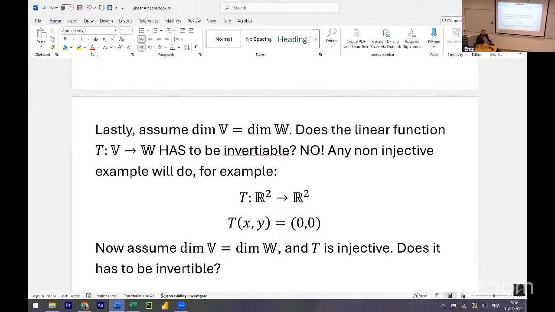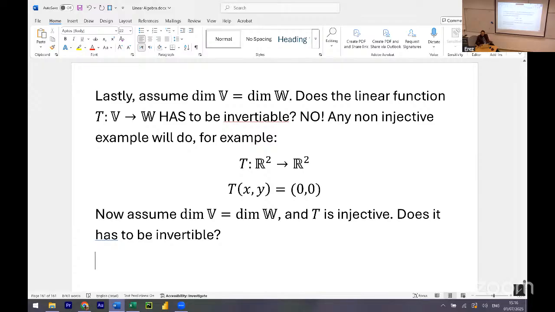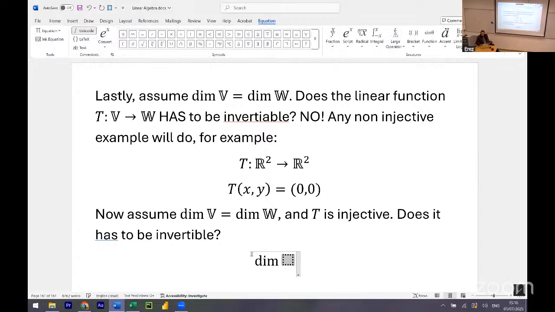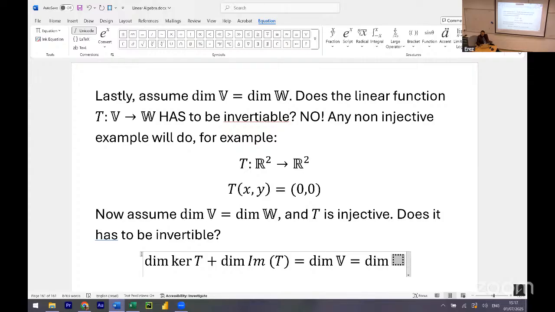And now the linear function explanation. It has the same dimension, and we know that the dimension of the kernel plus the dimension of the image equals the dimension of the domain, but our added assumption here is that it also equals the dimension of the range, right?